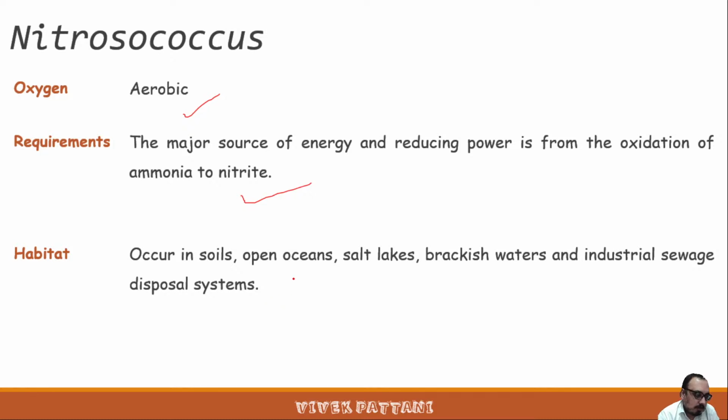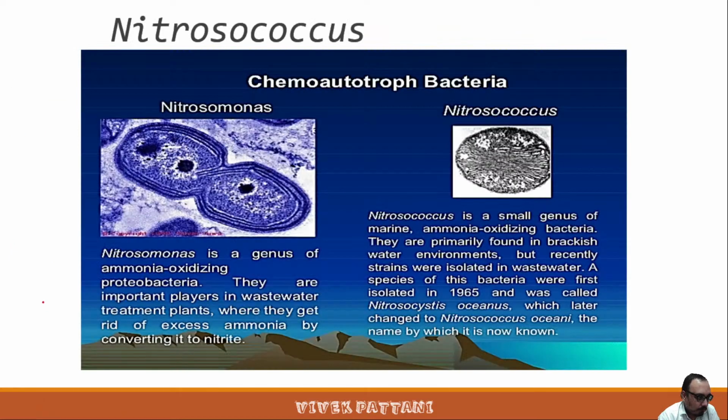They occur in soil, open oceans, salt lakes, brackish waters, and industrial sewage disposal systems. Now, these are two other bacteria: one is Nitrosomonas and one is Nitrosococcus, where the one given on the left side here is Nitrosomonas, a genus of ammonia oxidizing bacteria.